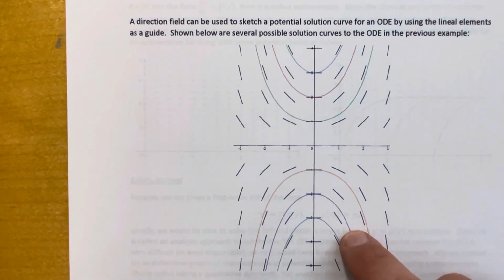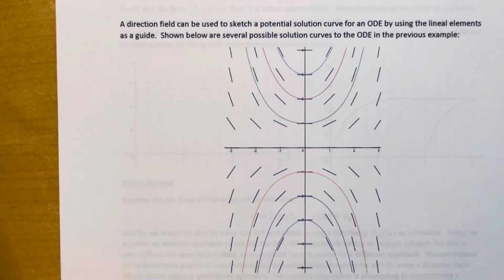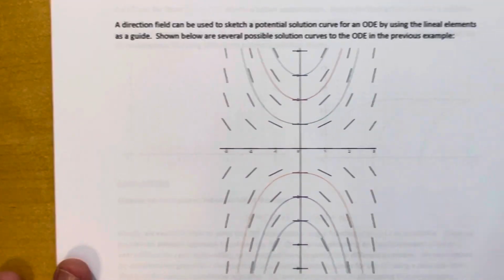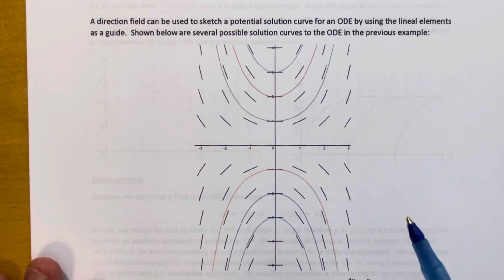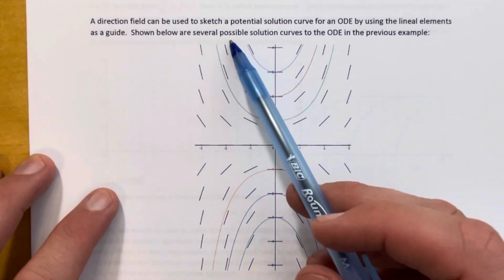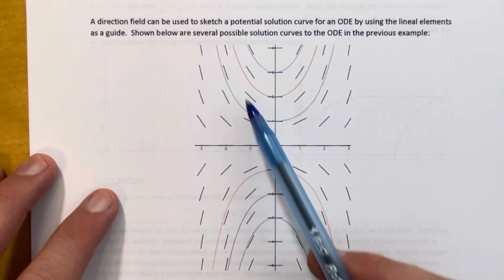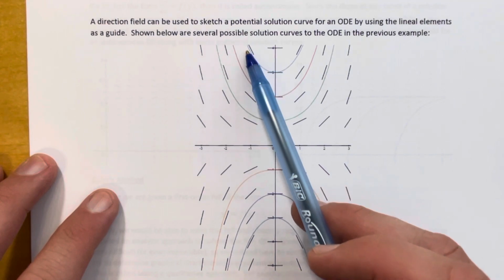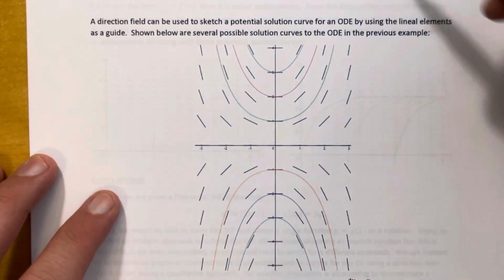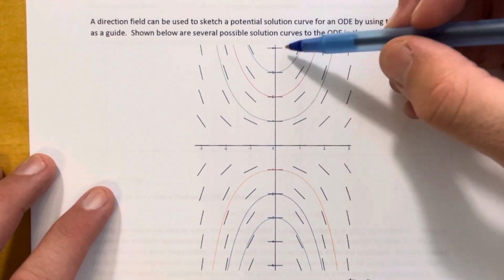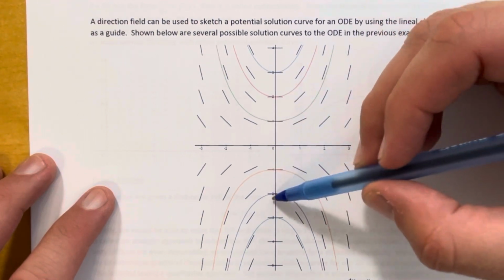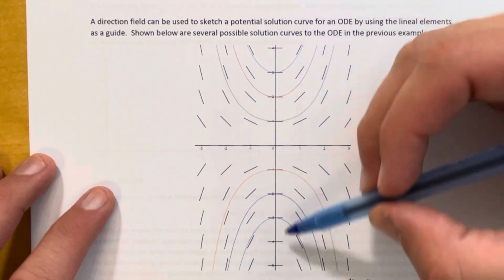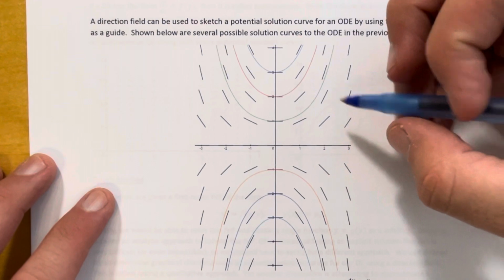This is the same slope field, but with a few candidate solutions sketched into it. So if you look at the lineal elements, if I were to try to graph a possible curve that might act as a solution to this, I'm seeing these horizontal tangent lines all appearing along the y-axis there.